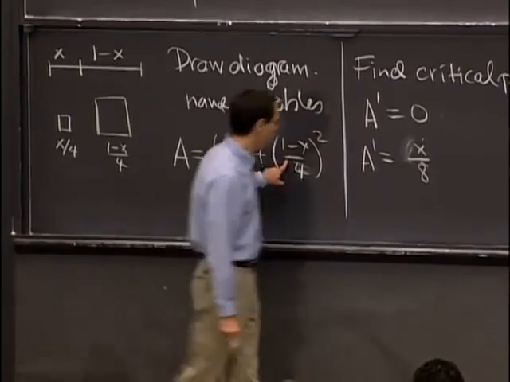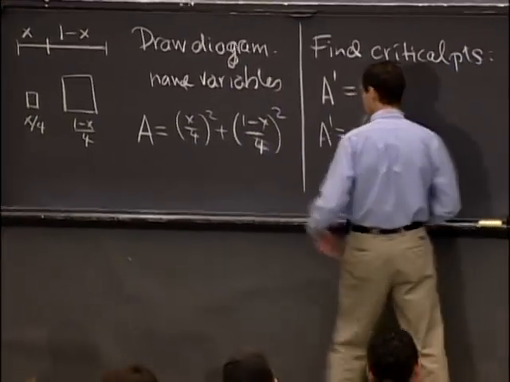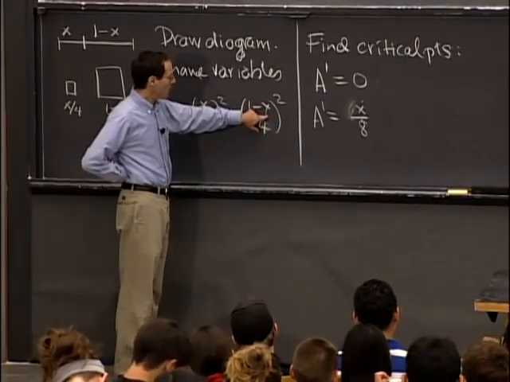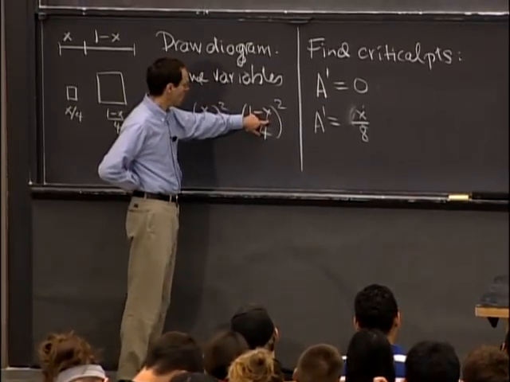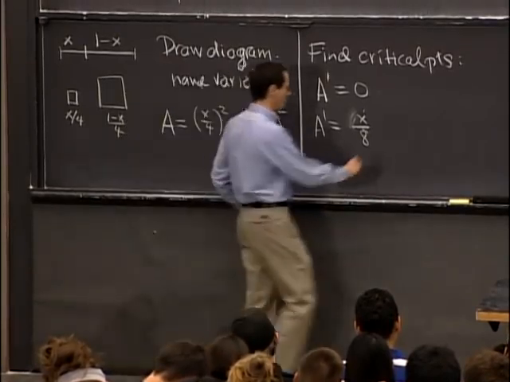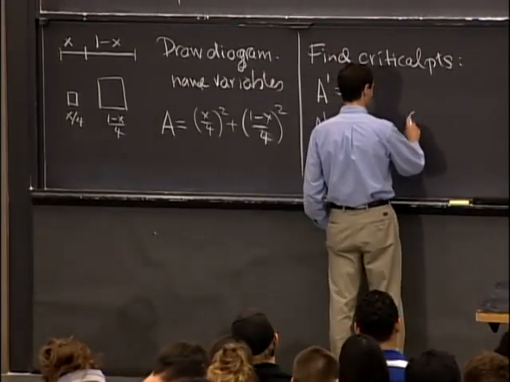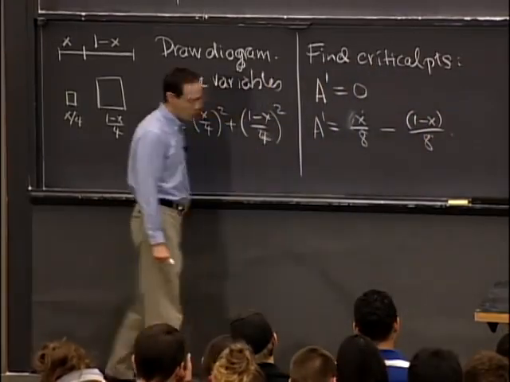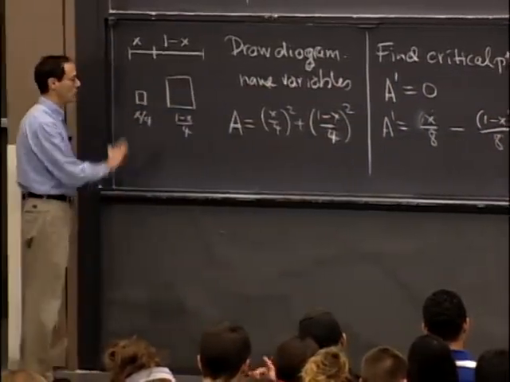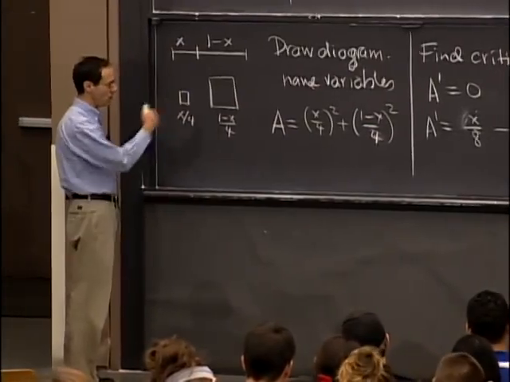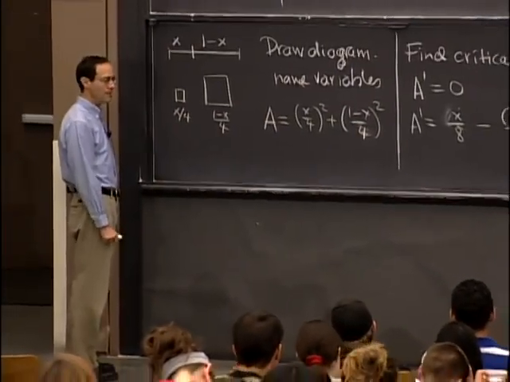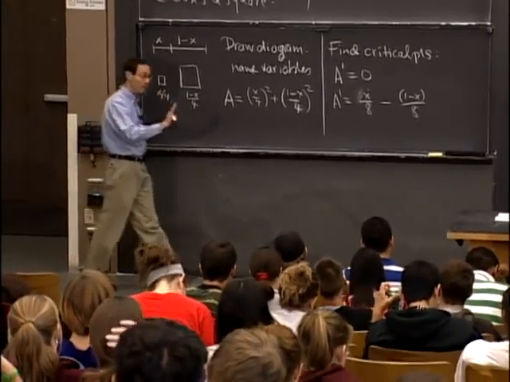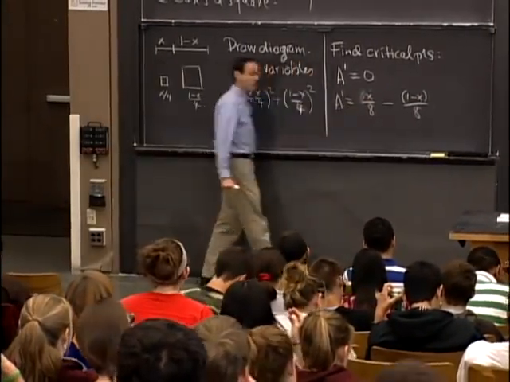And if I differentiate this, the derivative of (1 minus x) squared is 2 times (1 minus x) times a minus 1. So it's minus (1 minus x) over 8. So there are two minus signs in there. I'll let you ponder that differentiation, which I did by the chain rule. So here's the derivative.